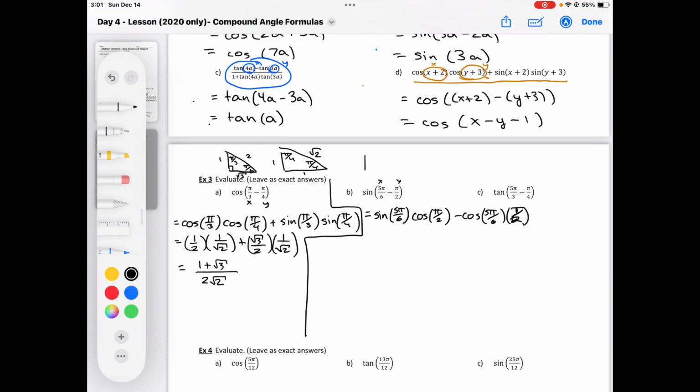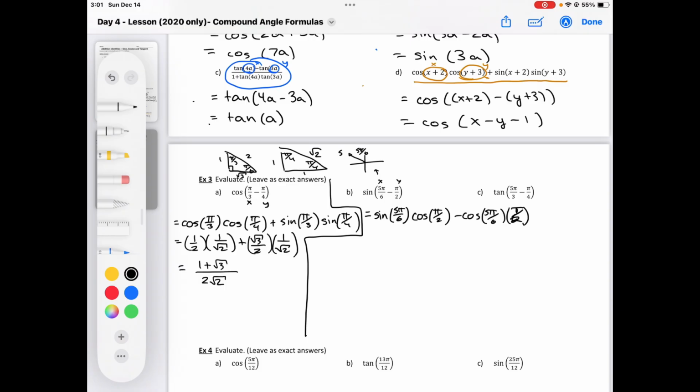Okay, now I notice, so 5 pi over 6, my x value, that is going to be in my second quadrant. So I know that the sine of this is going to be positive, but the cosine of this is going to be negative.